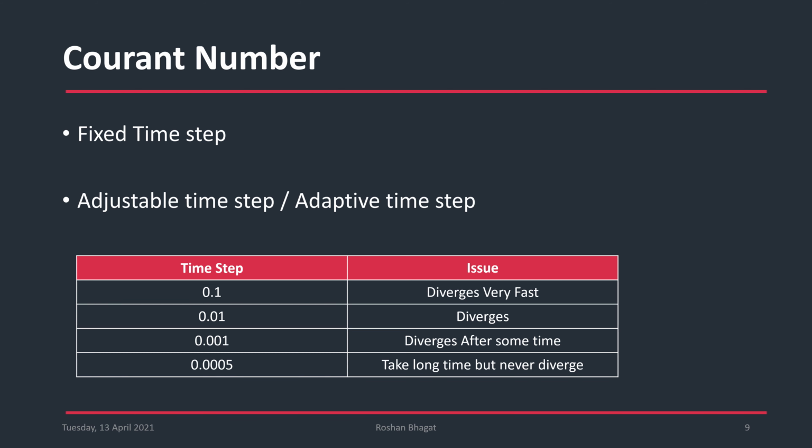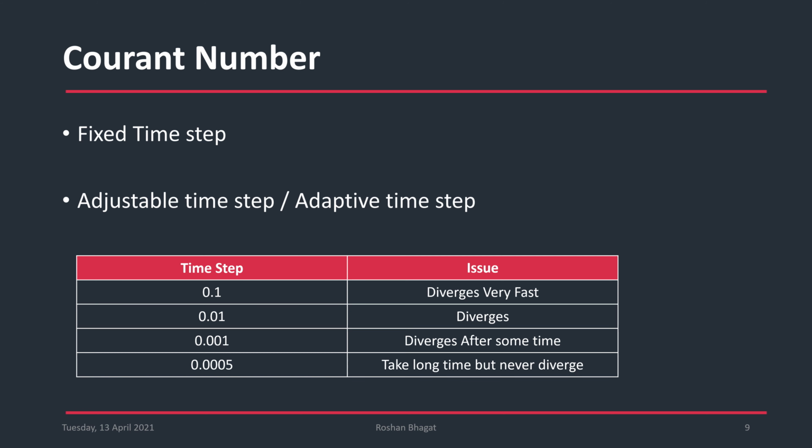Here are the time steps and the issue with the time step. If you select a time step of 0.1, the velocity field will diverge very fast. If you select 0.01, it will diverge, but it will take some time. If you take 0.001, it will take more time, and still the velocity field will go on to diverge. Maybe with more iterations you might see the Courant number problem in these first three cases.